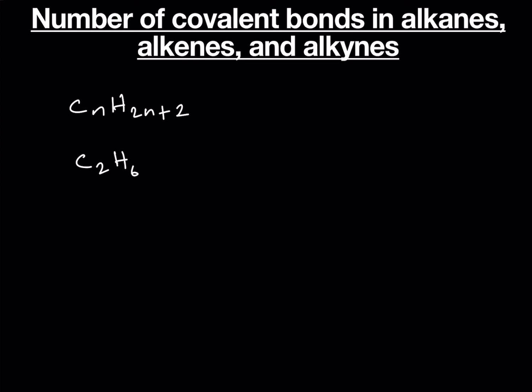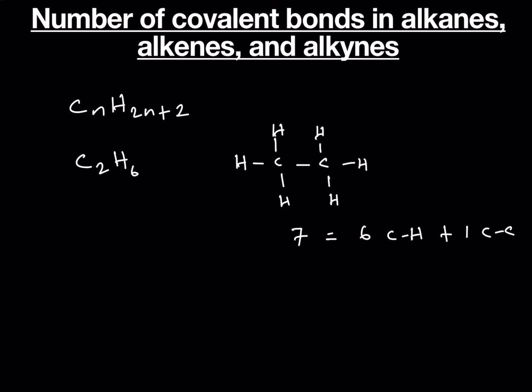What we normally do is we write down the structure and then calculate the number of covalent bonds. So in this case, the number of covalent bonds is equal to 7. We have 6 CH bonds plus 1 CC bond. That's what we have here.